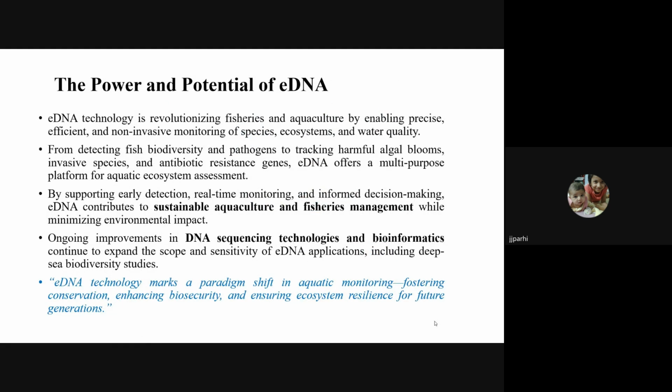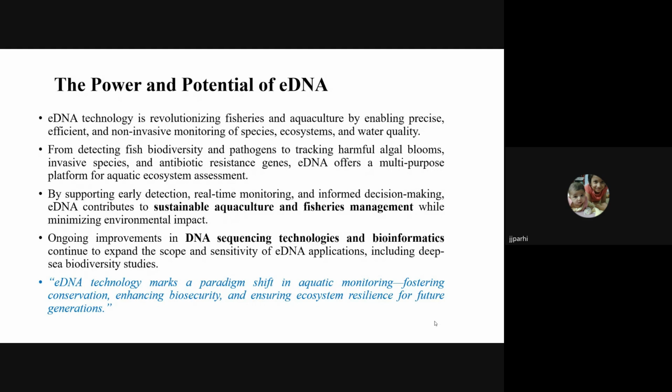At the end, I can say eDNA has enormous power and potential. It can revolutionize fisheries and aquaculture by precise, efficient, and non-invasive monitoring of species, ecosystems, and water quality, mainly for biodiversity and ecosystem management. From detecting fish diversity and pathogens to tracking harmful blooms, invasive species, and antibiotic resistance, eDNA offers a multi-purpose platform for our ecosystem.